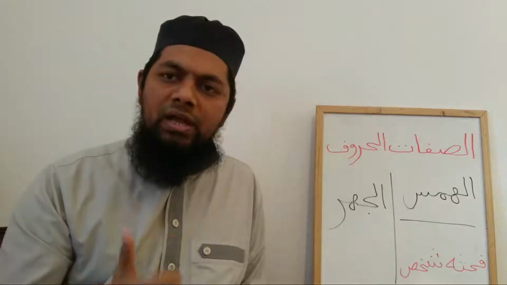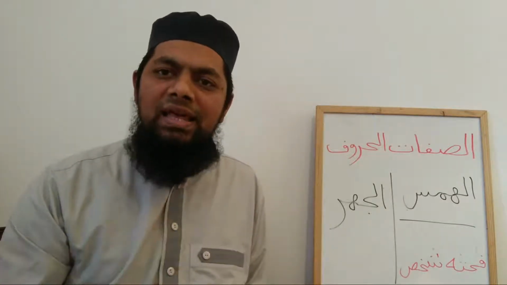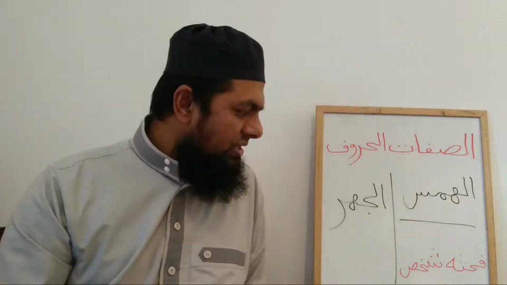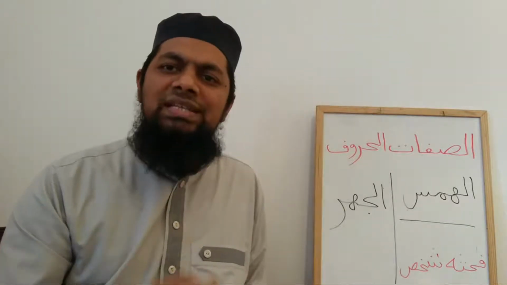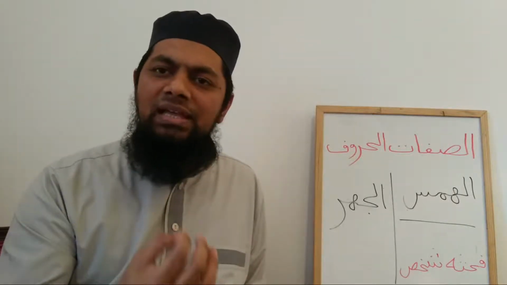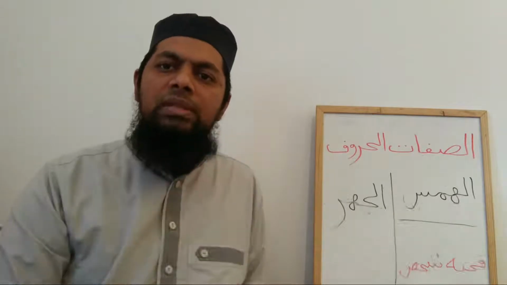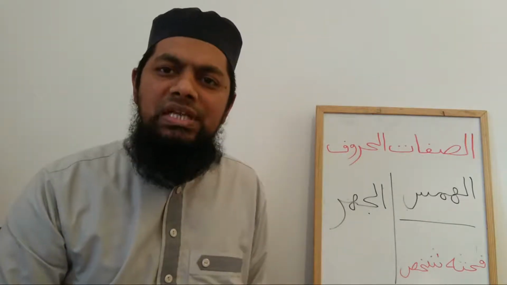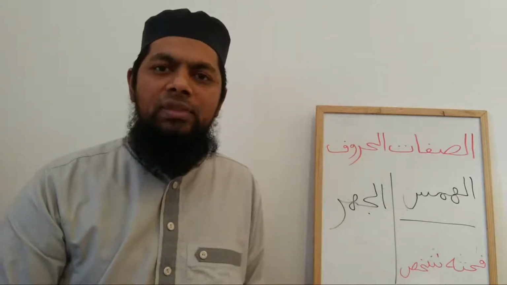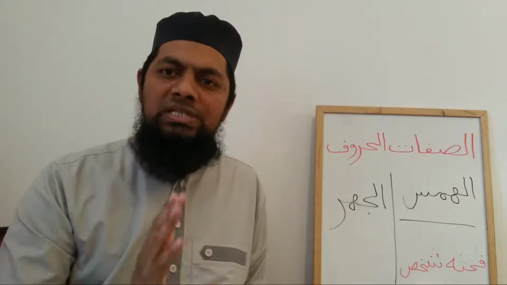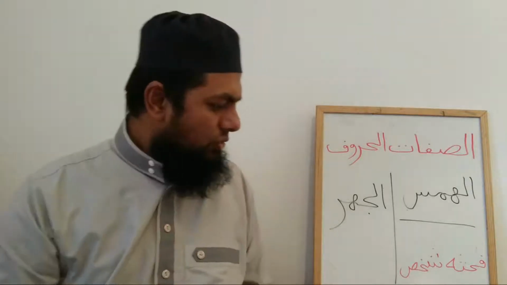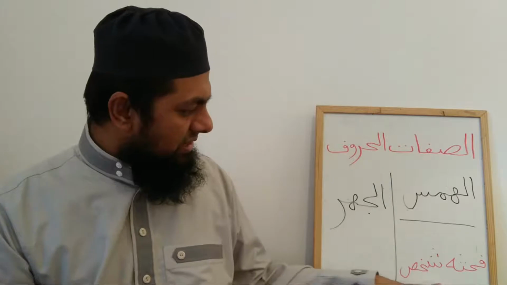It's fa, ha, tha, ha, shin, kha, sad, sin, kaf, and ta. In short, we call them فحثه شخص سكت. So there are the 10 letters here.